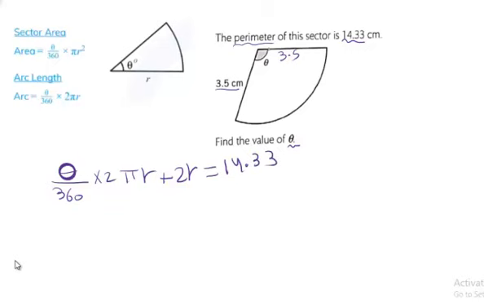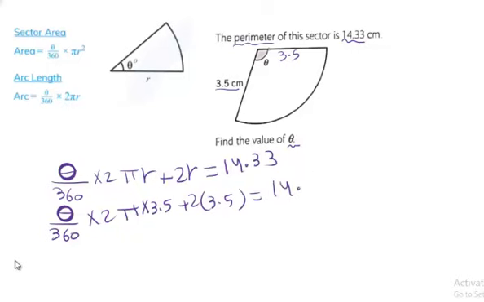The answer will be 14.33. Let's substitute. Theta over 360 multiplied by 2 pi, the radius here is 3.5, plus 2 multiplied by 3.5, equals 14.33. Theta over 360 multiplied by 7 pi plus 7 equals 14.33.